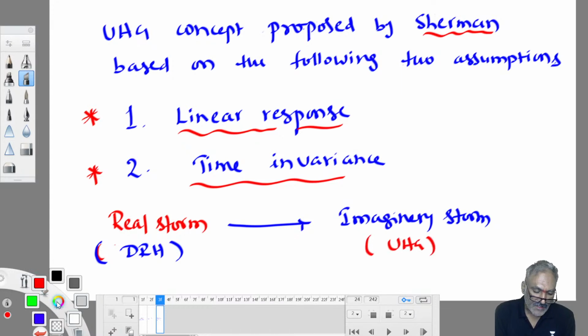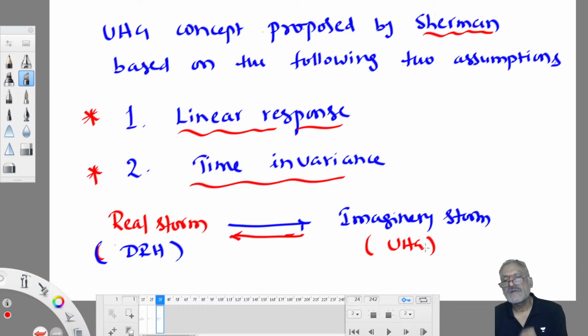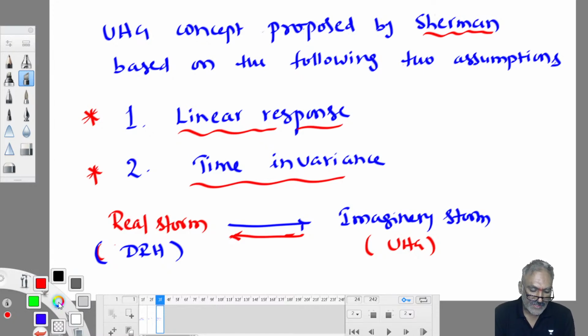So we travel from reality to imagination, imagination to reality. When a unit hydrograph is given, we can derive the direct runoff hydrograph. When a direct runoff hydrograph is given, we can derive the unit hydrograph. So real storms represent the direct runoff hydrograph. A unit hydrograph represents an imaginary storm producing a runoff of 1 centimeter.